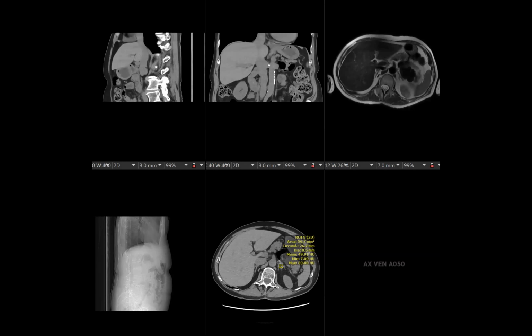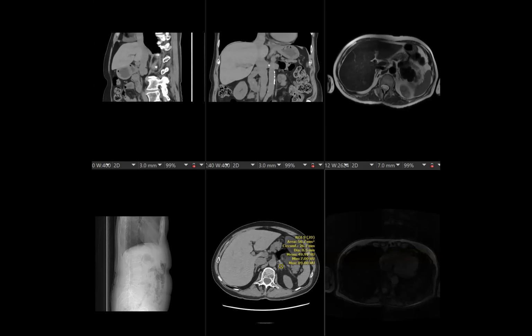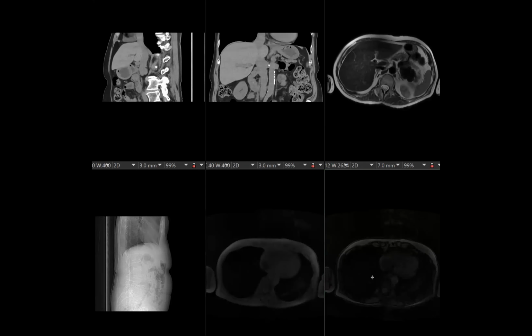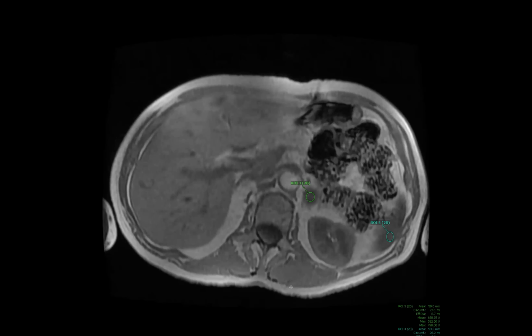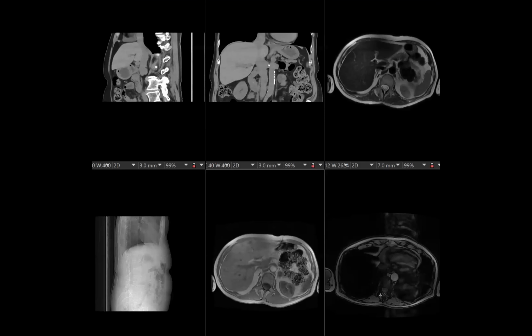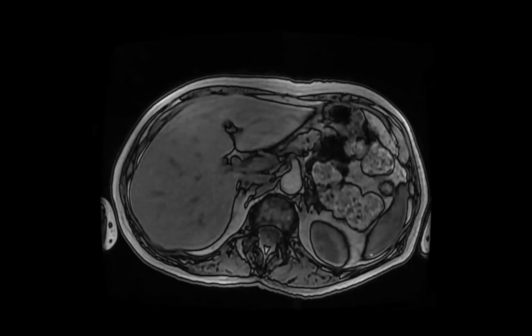I'm looking for my in and post phase, but there was no intralesional fat for what it's worth. Okay, here's a post phase. Okay, so the lesion is right there. And then there is the post phase.